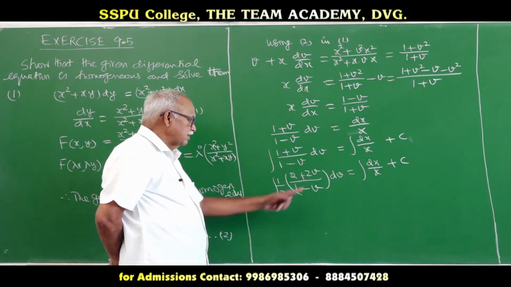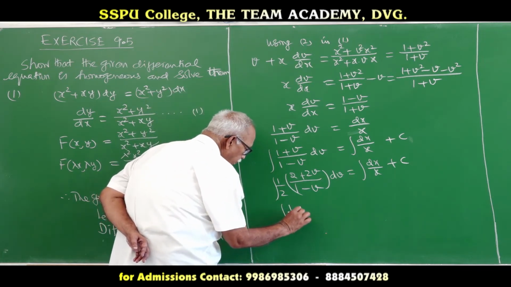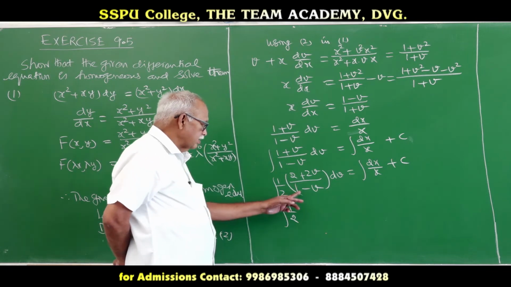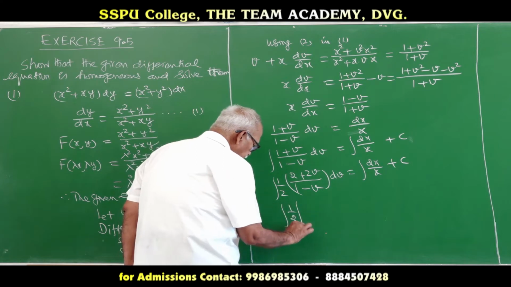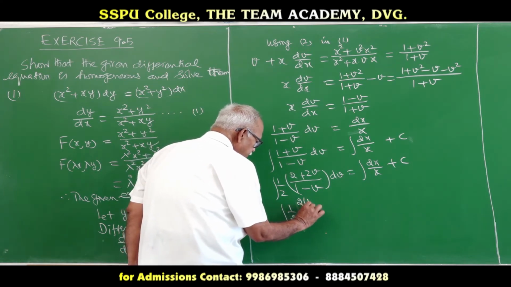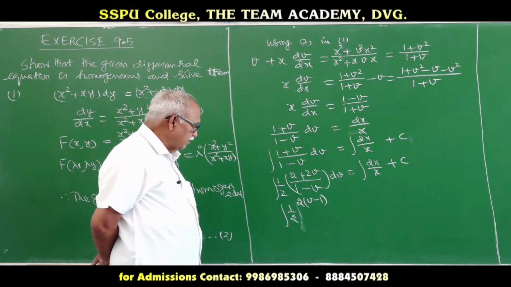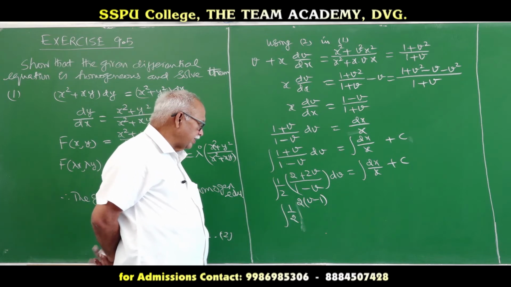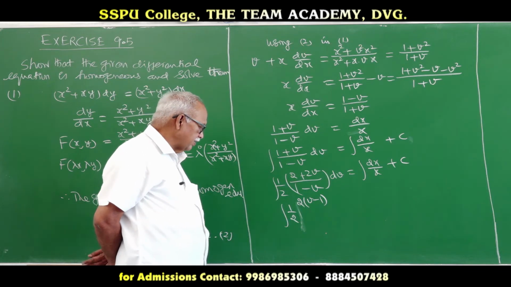So we can write this as 1/2, and I want 1 − v factors there. So write it as 2(v − 1). We have taken 2 + 2v, and 2(v − 1) we were able to write.